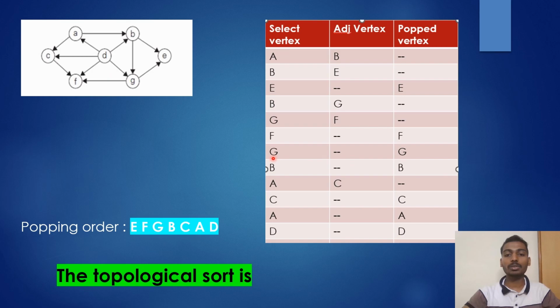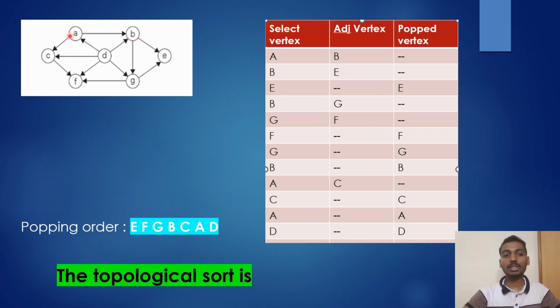No, we don't have any vertex for G. This will be the dead end as of now, and G should be popped out, and we have to move towards B, and check again whether there are any edges going out from B, and there will be no edge going out from B. As of now E and G are already popped out of the stack. Next, B will be popped out from the stack, and it will move on to A.